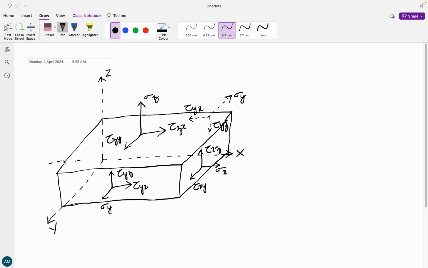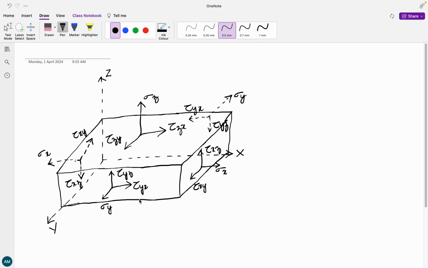So now it is going to be in the negative direction, sigma x. We have written tau xz along the upward direction. It is now going to be along the downward direction, tau xz. Now, along the positive y-axis, we have written tau xy. So along the negative y-axis, I am going to write tau xy.